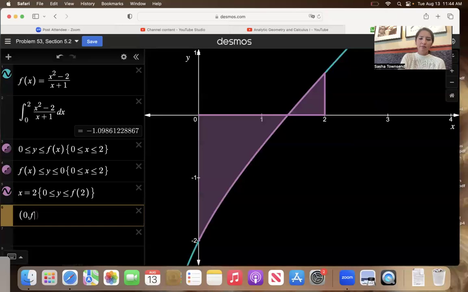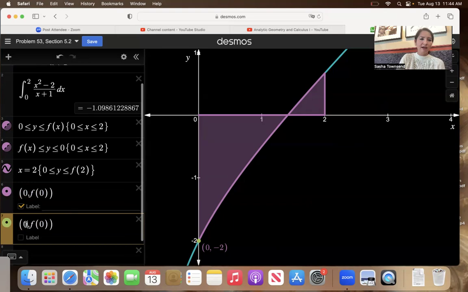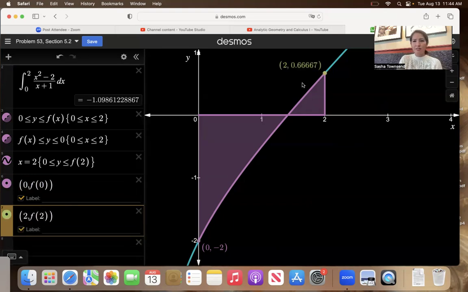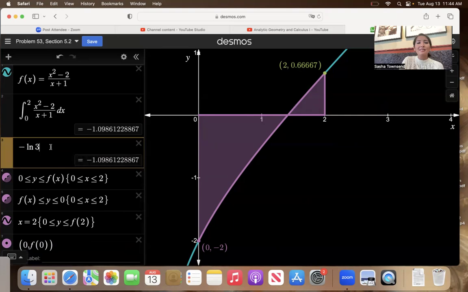At 0, our function value is -2. At x equals 2, our function value is 2/3. That's what we see. And this area minus this area is negative natural log of 3, according to our calculations. Let's look at a numerical approximation of that. We see that we get the same answer that they do.